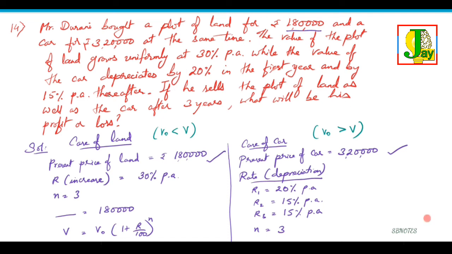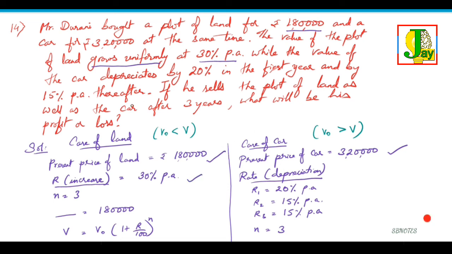The value of the plot of land grows uniformly at the rate of 30% per annum. So this is a growth problem. The rate of growth is given, 30% per annum.